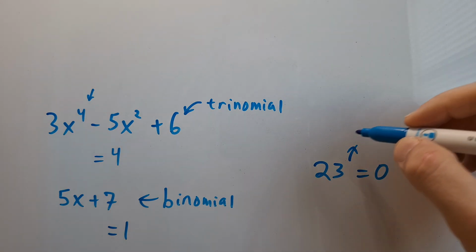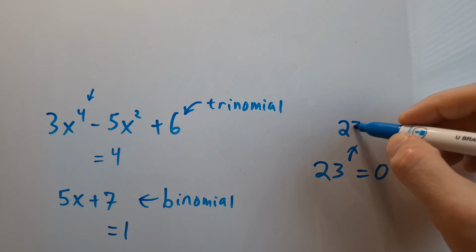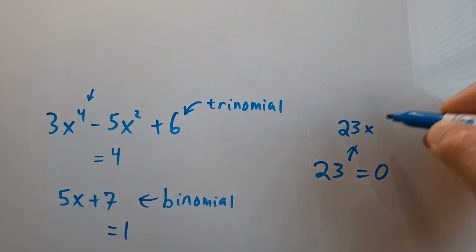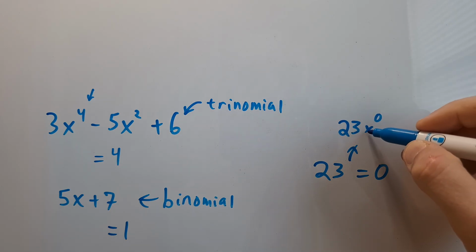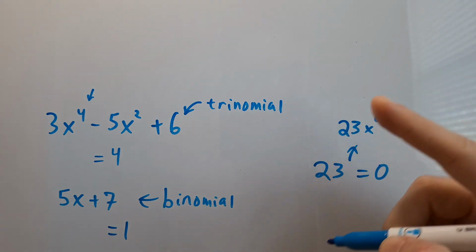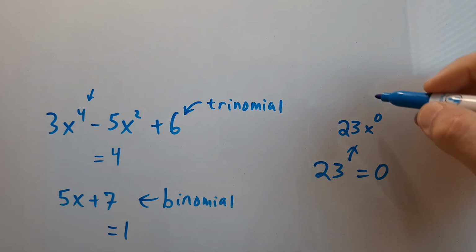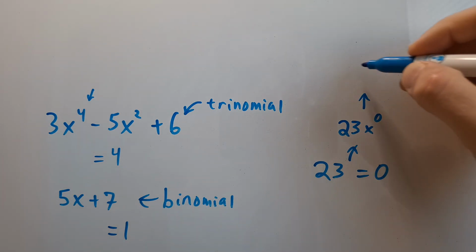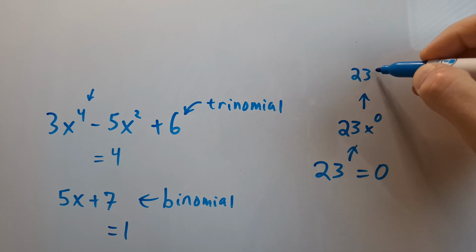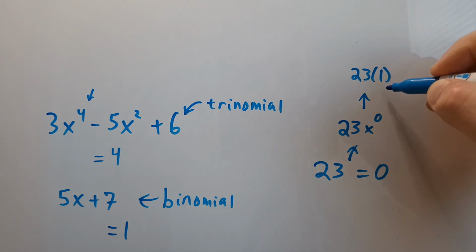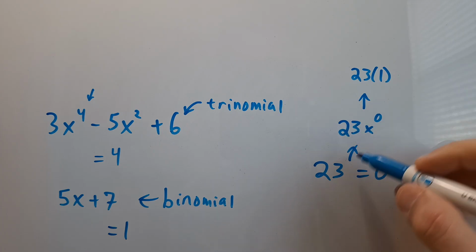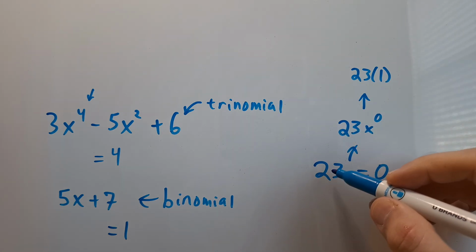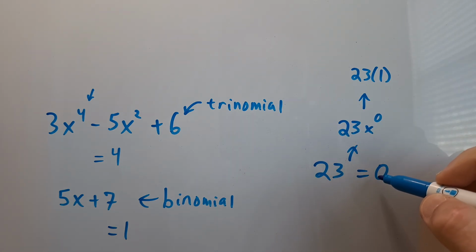This essentially is 23 and then any variable x raised to the power of 0. Remember, anything to the power of 0 is equal to 1. So what this really is 23 times 1, which is still 23. So the degree of a random number is 0.